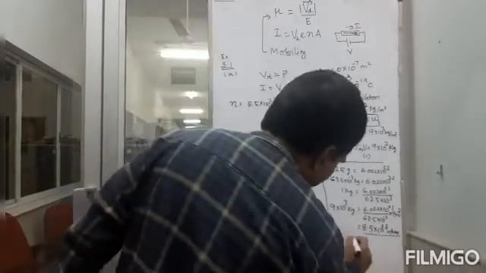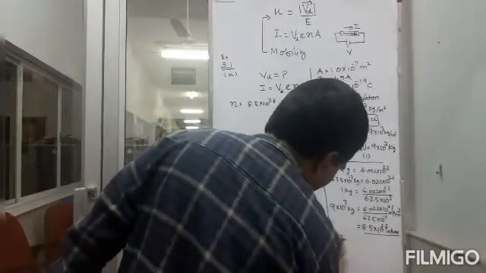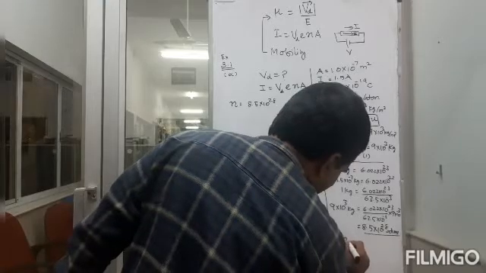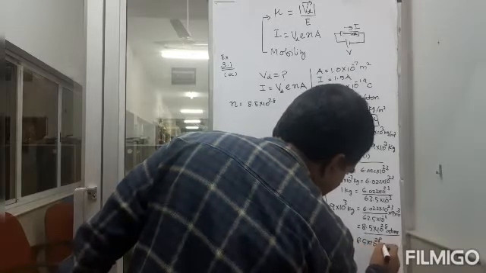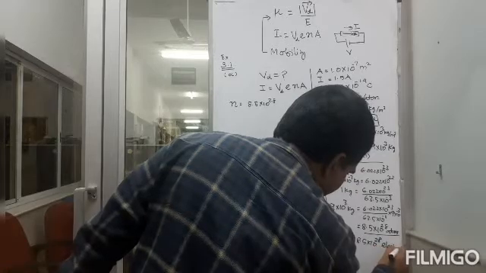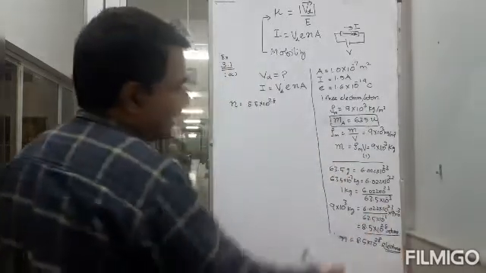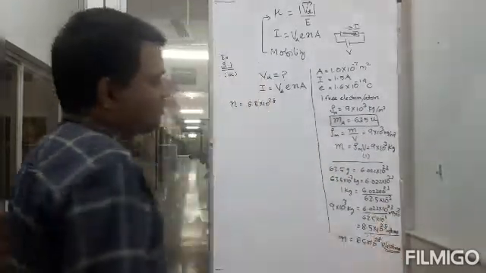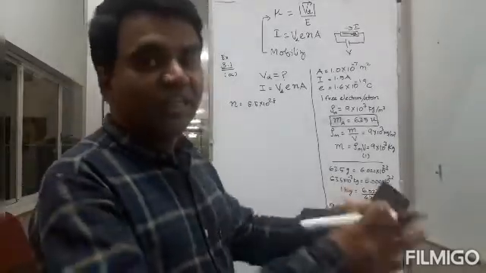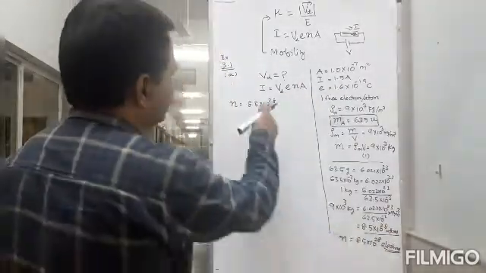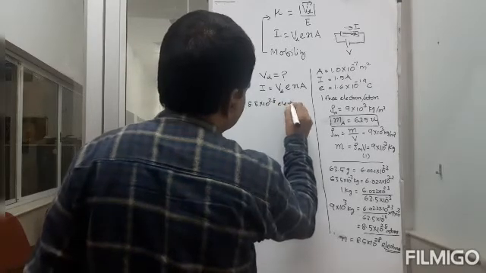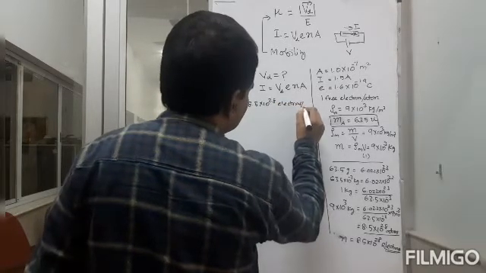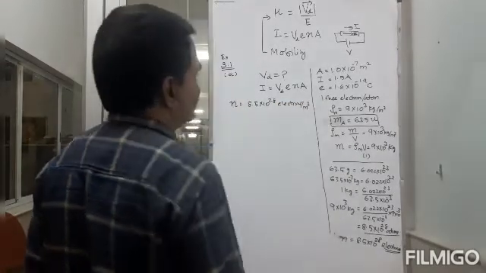That's 1 electron per atom, so there are so many free electrons in 1 meter cube. That's the number we're going to use here, so many electrons per meter cube of copper.